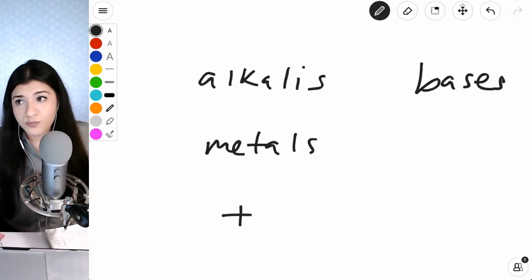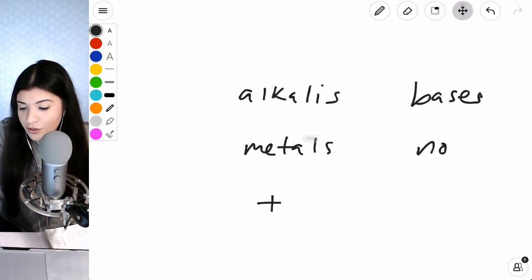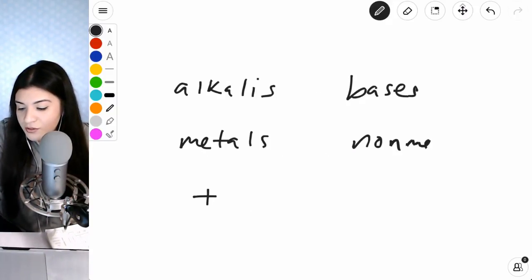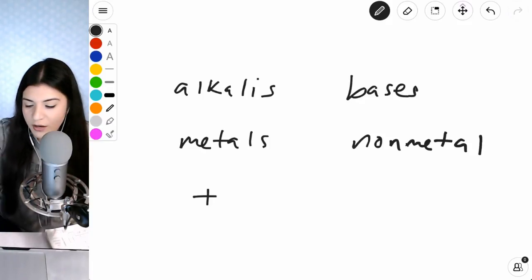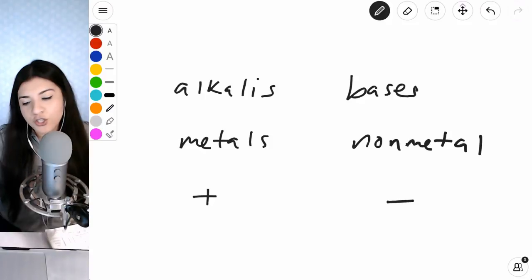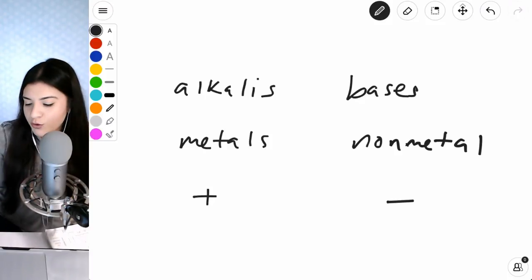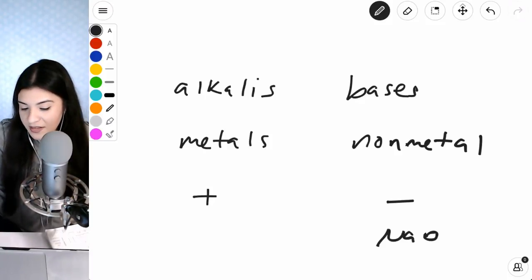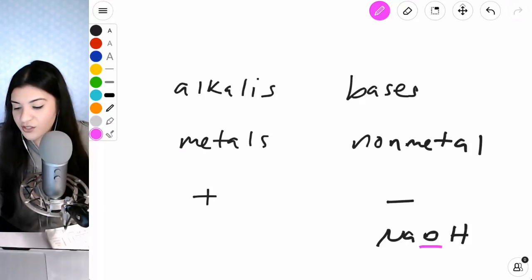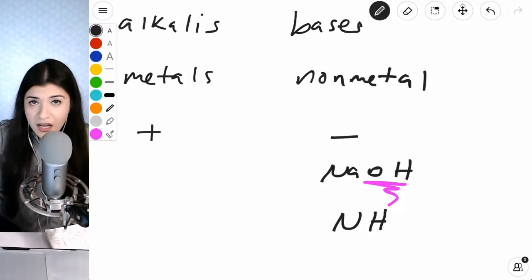Bases do not consist of metals. Bases actually consist of nonmetals. So that's the major difference. Plus, a lot of nonmetals are negatively charged. So it has to do with the properties, with the elements that are involved in bases. A type of base would be something like NaOH, and specifically that OH is going to tell us that it's a base. Another example, a weak base, would be something like NH3.